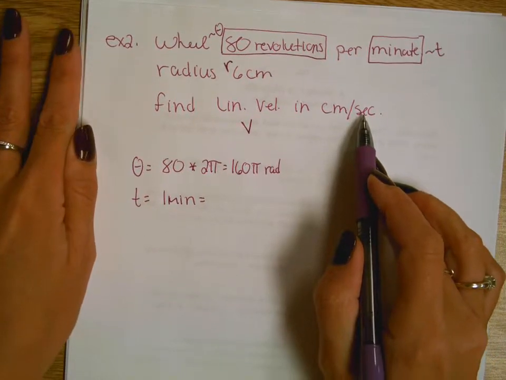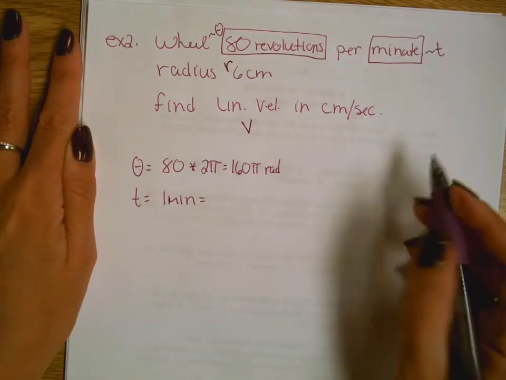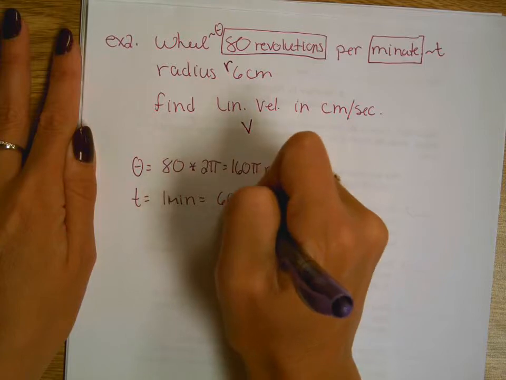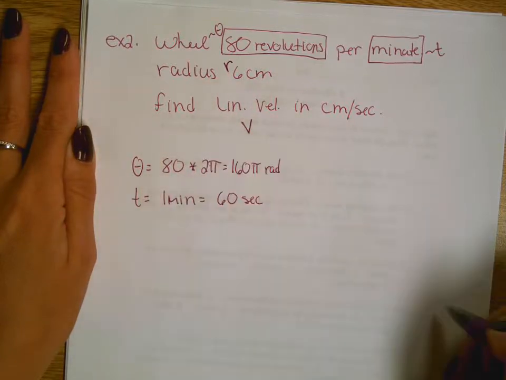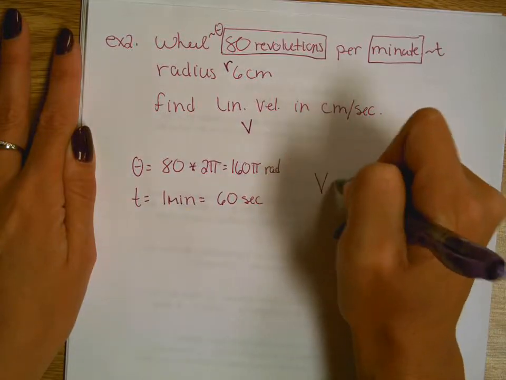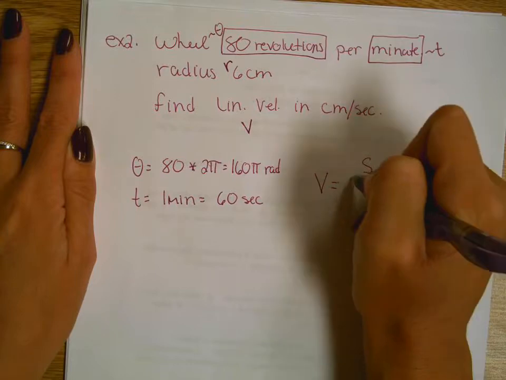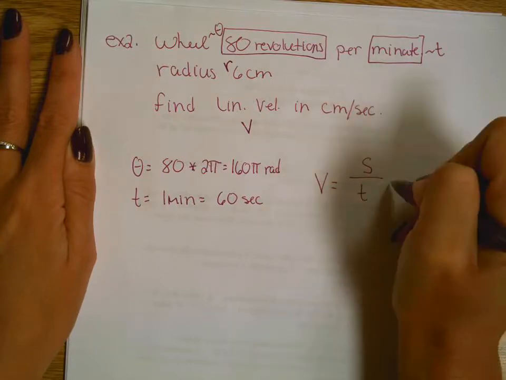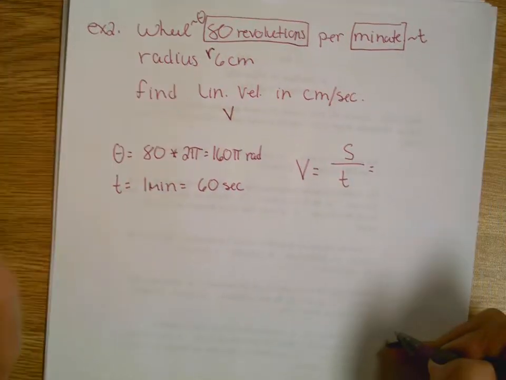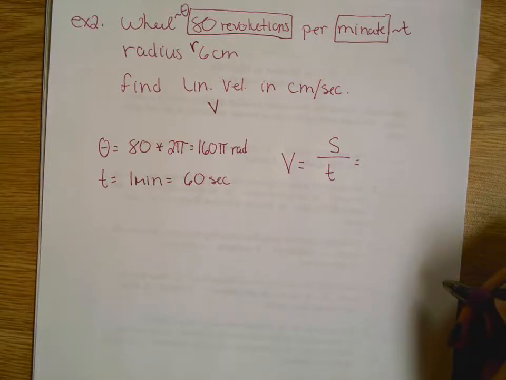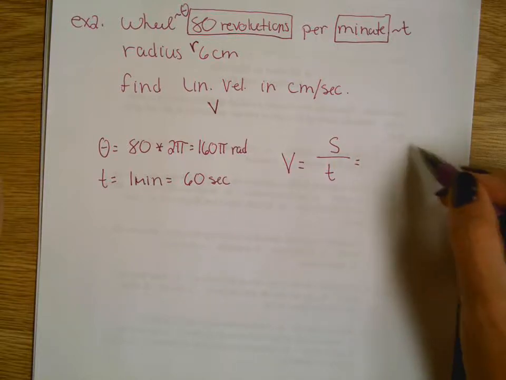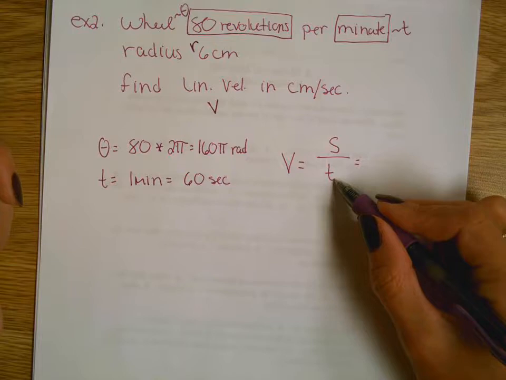So what's my 1 minute going to change to? 60 seconds. So we're going to be using 60 seconds in the formula. So we go right into the formula we just had. Big V equals the arc length divided by time.